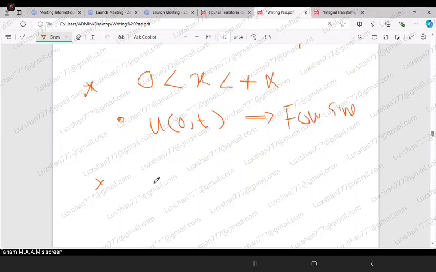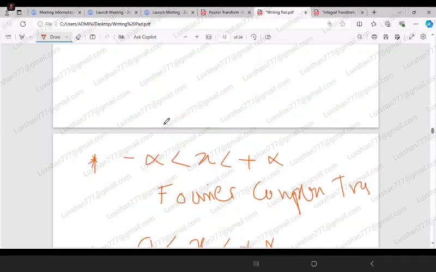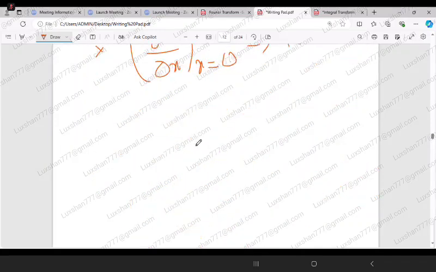And if you know the derivative of u with respect to x when x equals 0, you go for Fourier cosine. So this is actually the infinite case. These three are infinite cases.